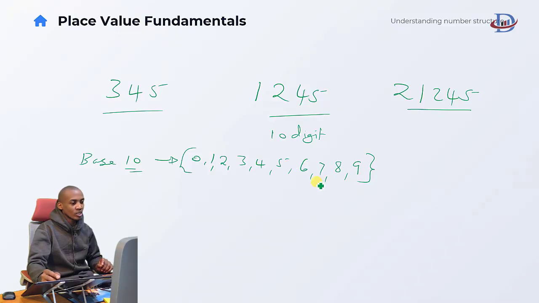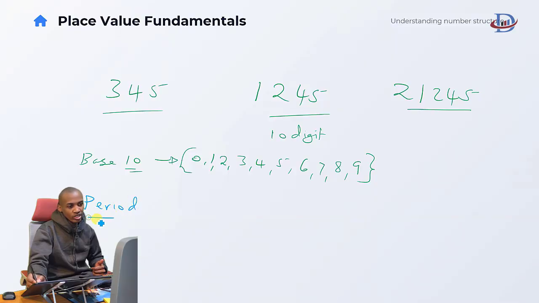In order to read a number, we should know the position of each digit, and that position is what we call the place value. To make life easy, we have something called a period.